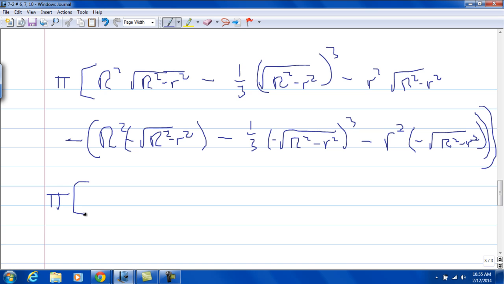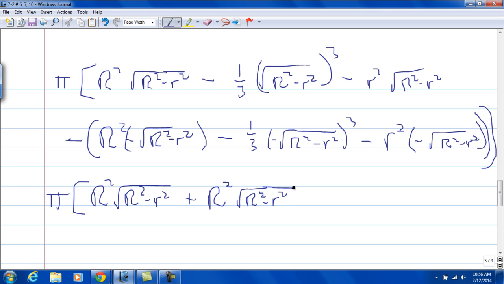Well, something I want to look at is, first of all, we have this capital R squared times the square root of capital R squared minus little r squared. And then if you look down further, I have the negative of that, so it makes it plus capital R squared times the square root of capital R squared minus little r squared.